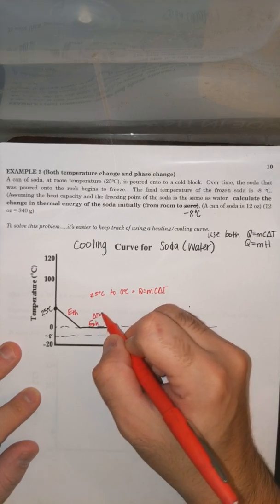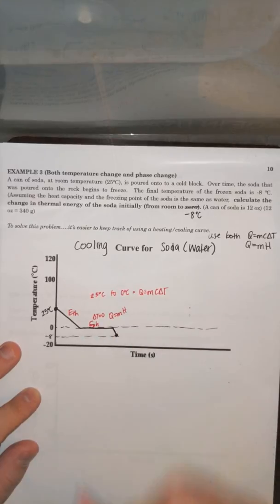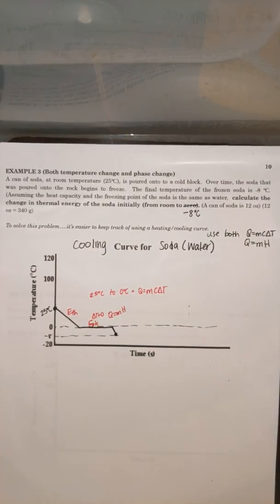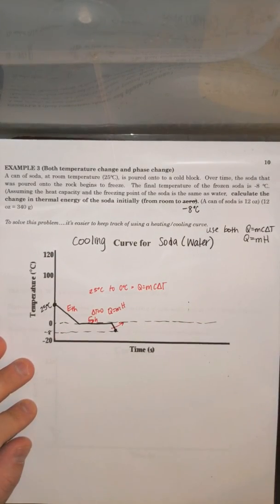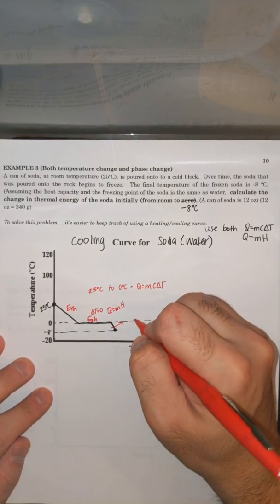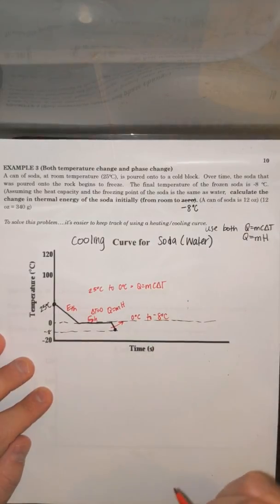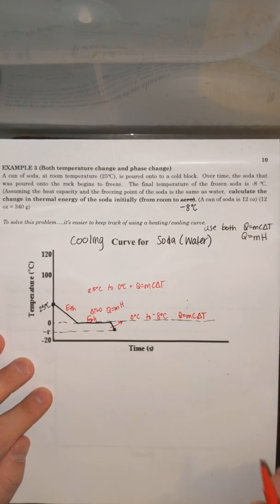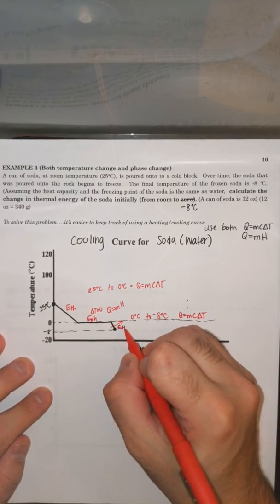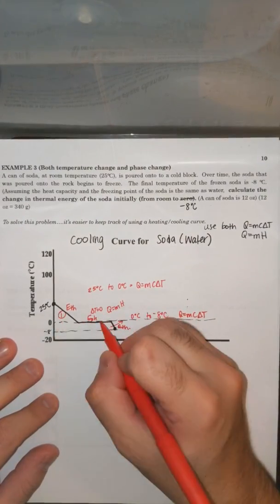Delta T is going to be equal to 0, so I'm going to need to use Q equals mH because I'm going to have a phase change. After that phase change occurs, I'm going to have a different state of matter, and the temperature changes again from 0 degrees Celsius to -8 degrees Celsius. That's going to be another change in temperature, which is Q equals mc delta T. This is tapping into thermal energy. So I have three things happening here.